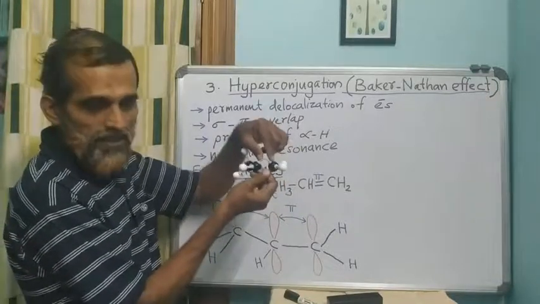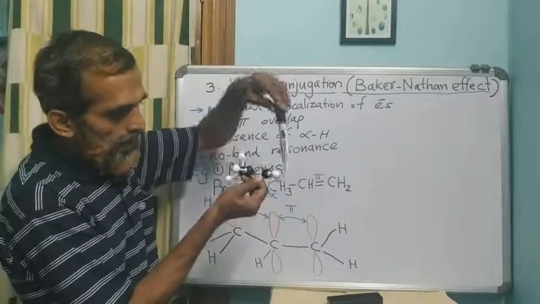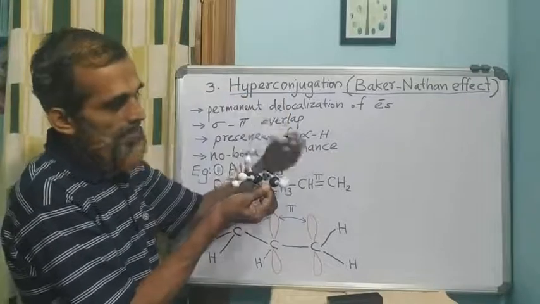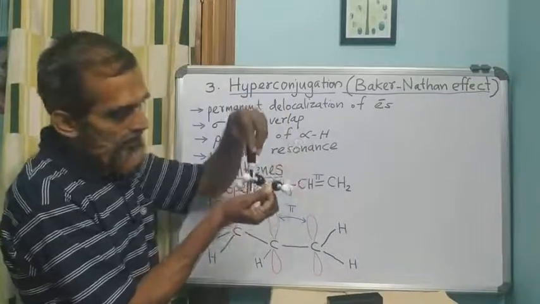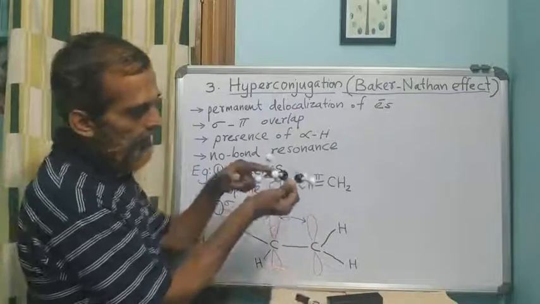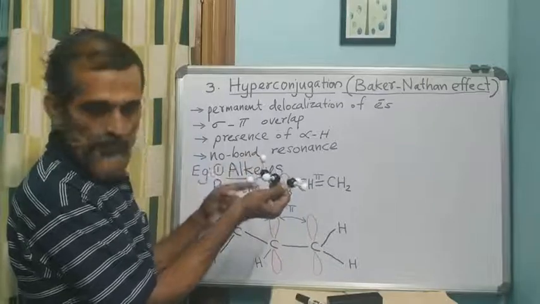The pi bond is formed by the overlapping of one p orbital here and one p orbital here laterally, sidewise. So there is a p orbital here and here. And now this carbon, which is alpha carbon, has 3 C-H bonds.